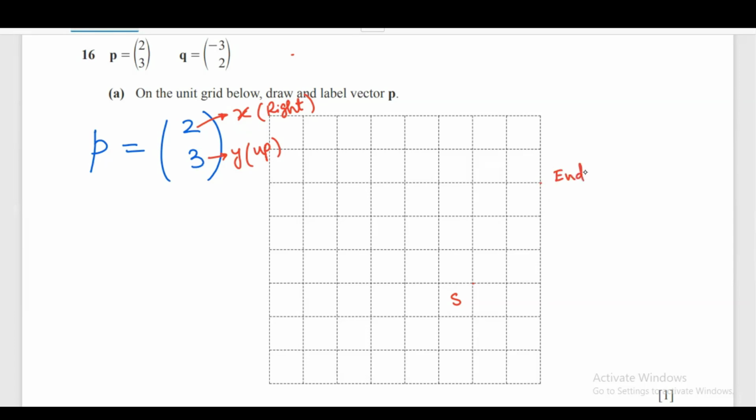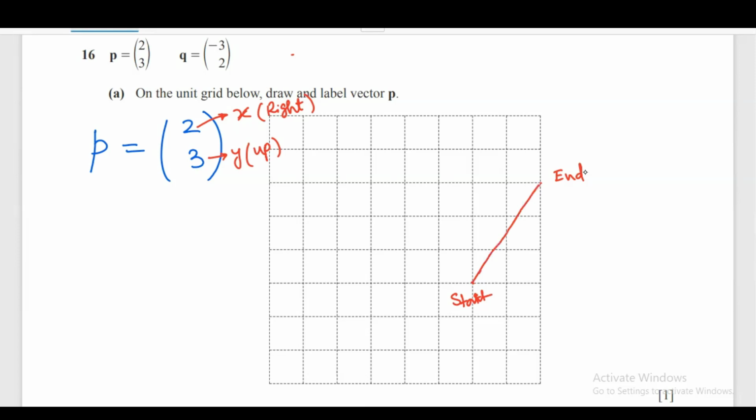Now join the starting point and ending point. Second step is join the starting and ending point with a ruler. Sorry, I'm going to draw it freehand. Right.